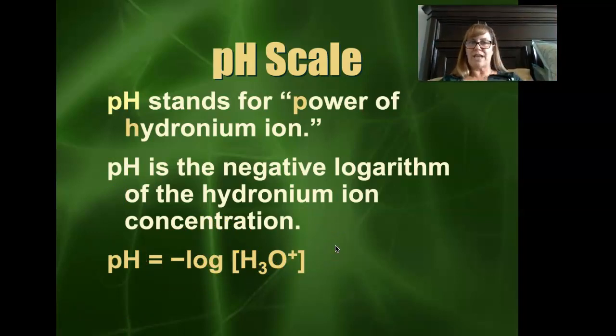So what I found out is that if my concentration of hydronium is 1 times 10 to the negative 7, then my pH is a 7. Well, what solution has a concentration of hydronium of 1 times 10 to the negative 7? Hope you said water, because that's what we just learned, right? So what's the pH of water? 7.